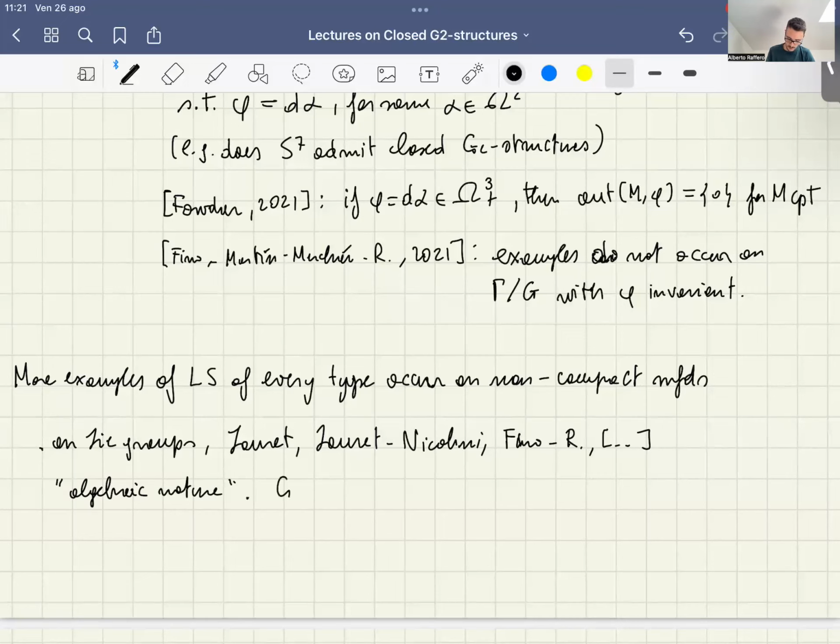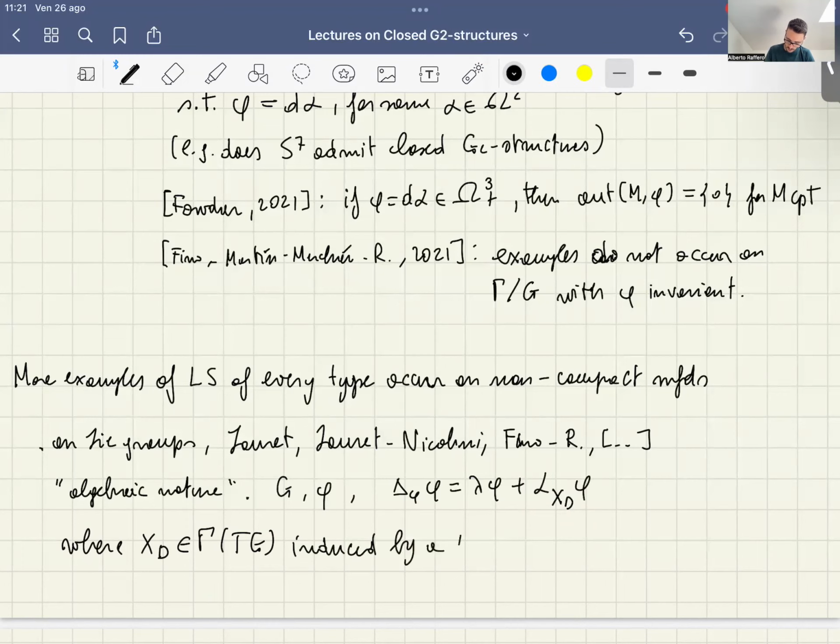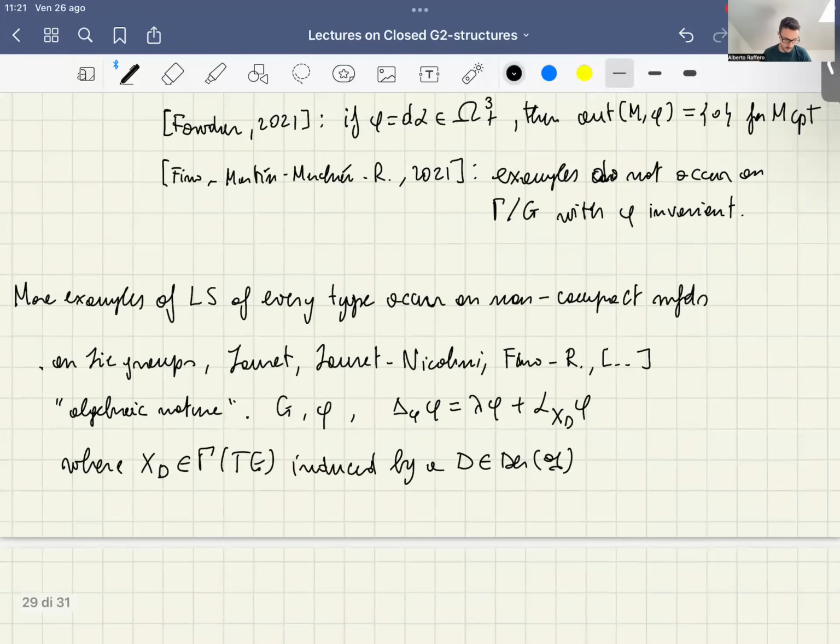As you have a Lie group G that is simply connected and 7-dimensional, you have a left invariant closed G2 structure on it, and it solves the Laplacian soliton equation with respect to a certain vector field on the manifold that is induced by a derivation of the Lie algebra of G in a suitable way that I'm not going to explain, as I do not have so much time before concluding.